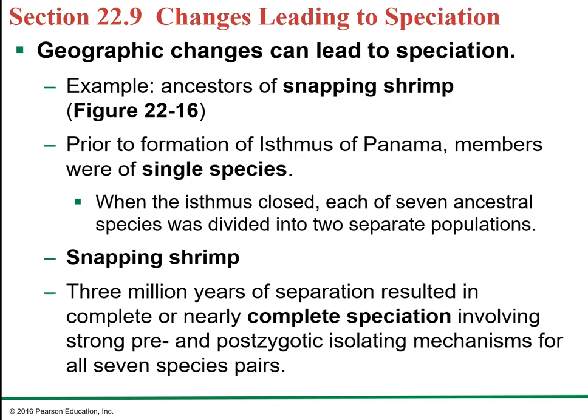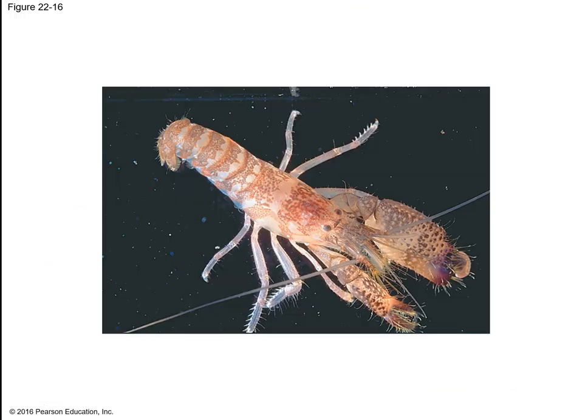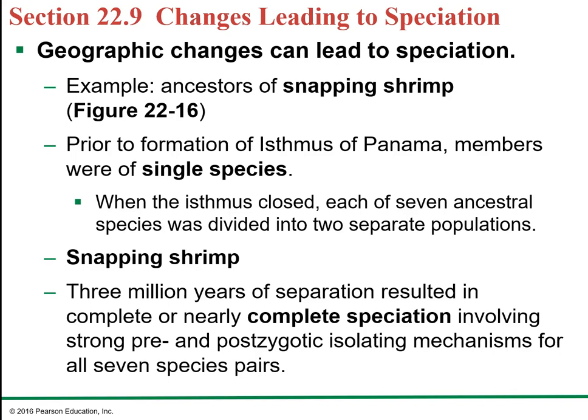An example of a geographical change leading to speciation is the snapping shrimp. Prior to the formation of the isthmus in Panama, members were a single species. But when it closed, it divided that species into two separate populations.